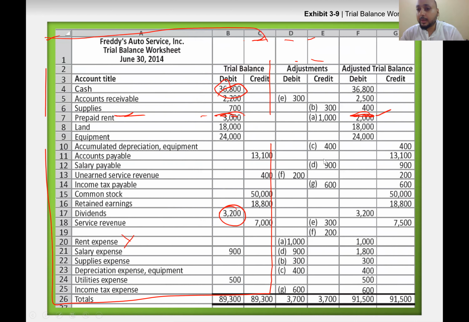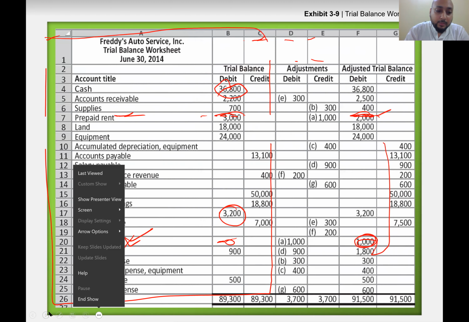And from here 1,000 is transferred to rent expense. In our previous trial balance, we didn't have any value here. It means this is the new item that comes from adjusting the accounts. This is the benefit of having an adjusted trial balance.